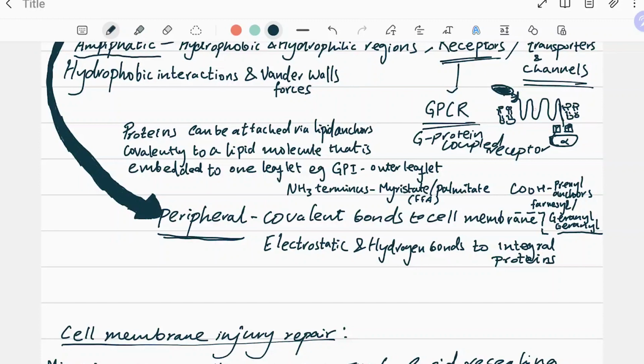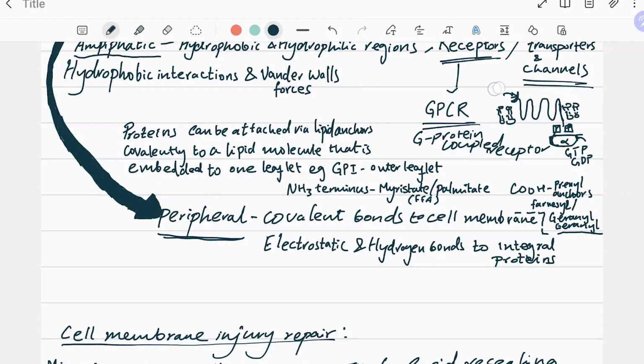Just remember that they bind to these proteins on the inside of the surface, and these proteins can bind either GTP or GDP, depending on whether the receptor is bound to the ligand or not. GTP is bound to your alpha subunit when you bind a chemical like a hormone to the receptor.